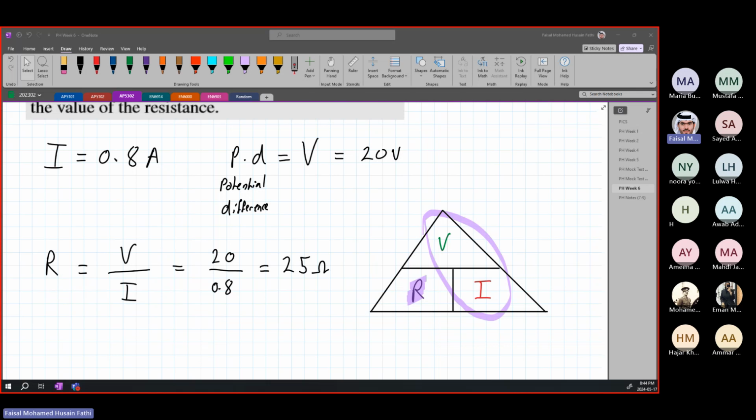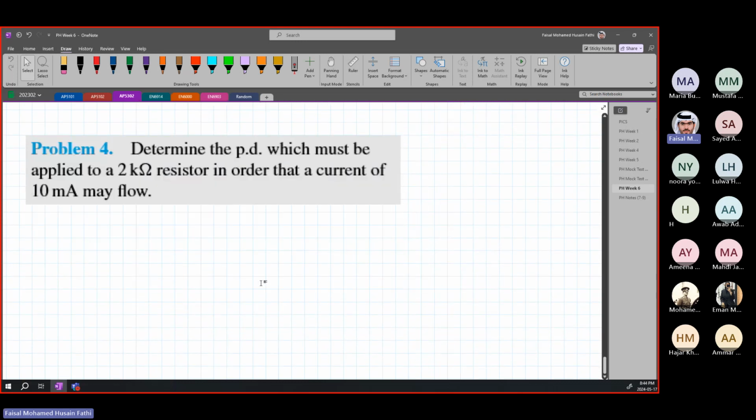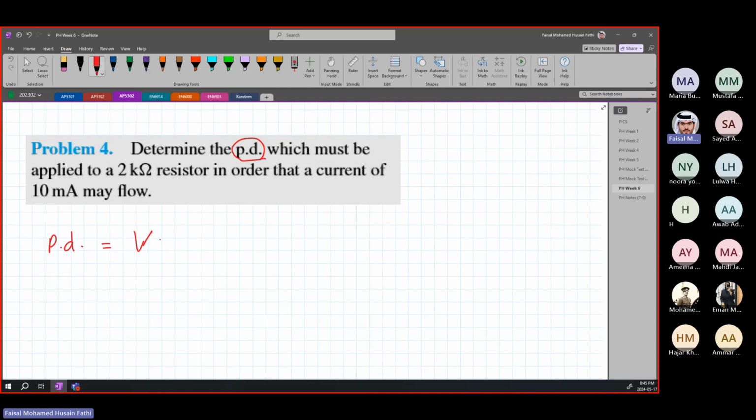Let's do another question about this. So again, determine the potential difference. So now we need to determine potential difference. This is our unknown. So PD, which is also known as voltage, is what we need to find, all right? It must be applied to a 2 kilo ohm resistor, so our resistor is 2 kilo ohms, in order that a current of 10 milliampere flows. So I is equal to 10 milliampere.